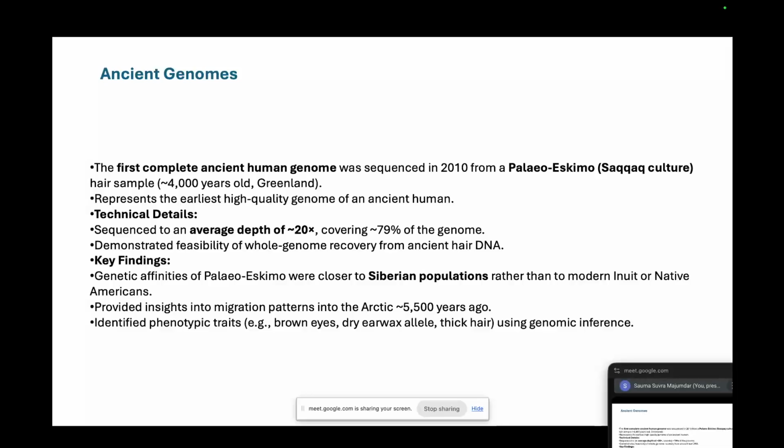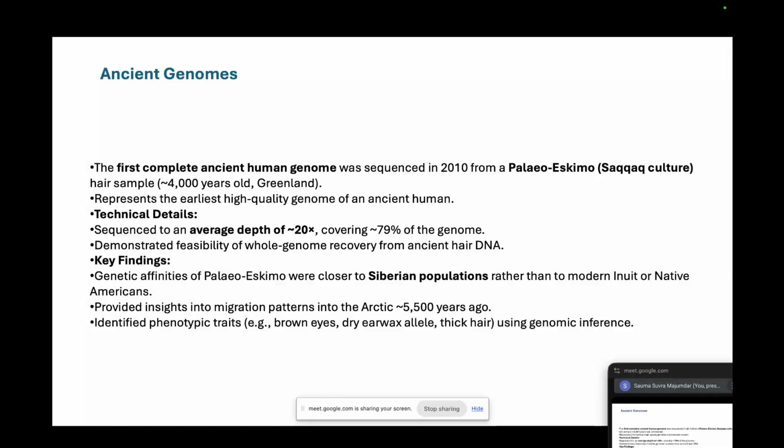But the genome has to be old enough, right? If you classify this as an ancient genome, this is a 4,000-year-old Eskimo genome that was sequenced from a hair sample, and this is the earliest quality genome of an ancient human, because DNA is not well preserved in nature.